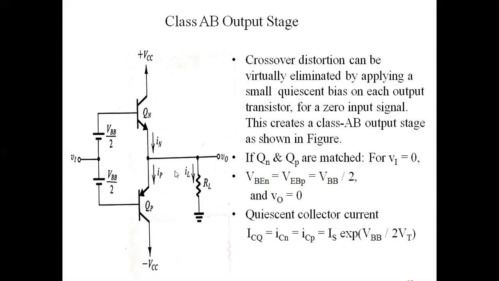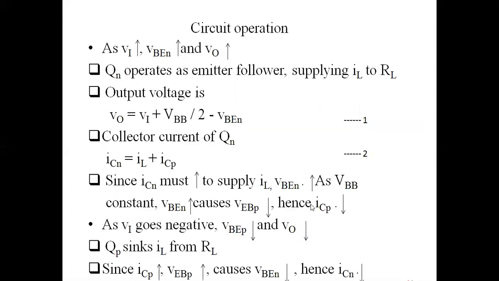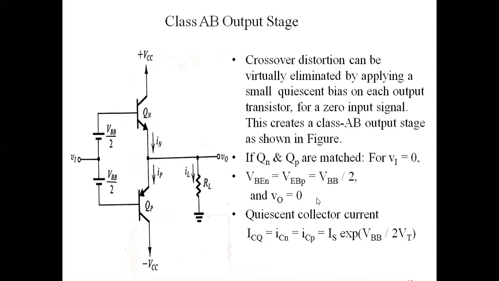Then a voltage VBB by 2 appears across the base emitter junction of each transistor, and the collector current IN is equal to IQ, that is IC, which can be represented as IS times e to the power VBB by 2 times VT.